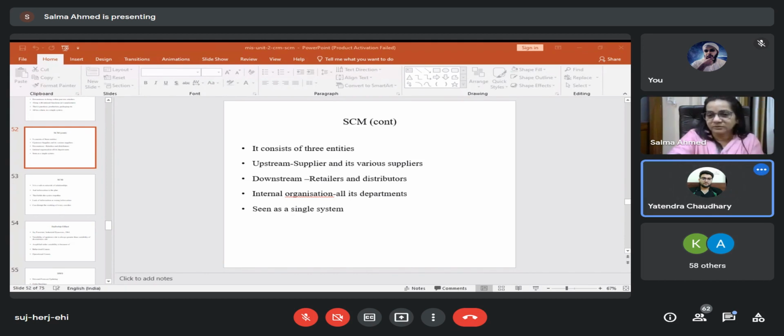True, it was a good understanding. When we see a chain, it is three or four people in a line, right? Upstream, it is the tire manufacturer, the actual assembler, and then one single retailer. But when we are selling automobiles all across India, we are not selling through a single retailer.